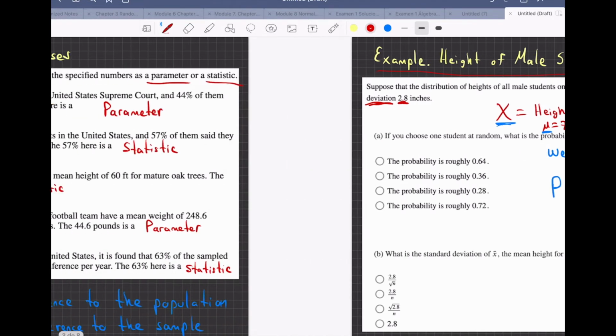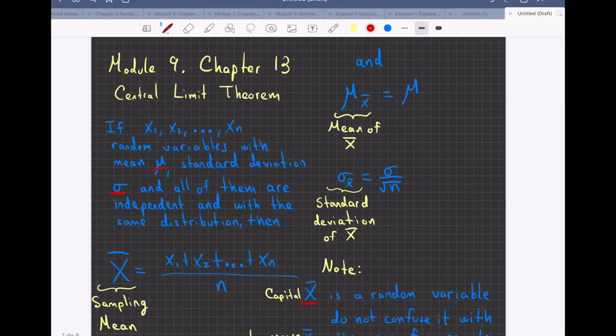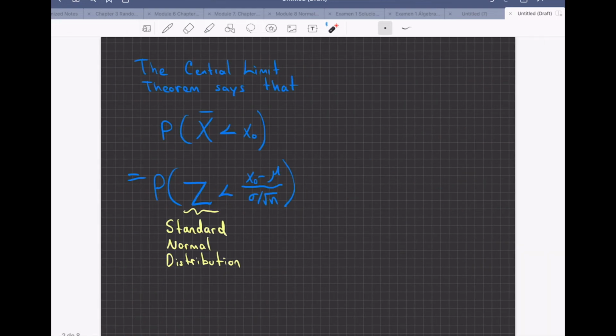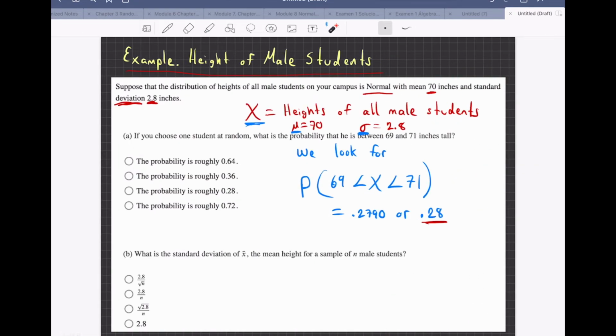Well, remember from the formula, the standard deviation for the sample mean is sigma over square root of n. So the standard deviation for X bar is equal to sigma over square root of n.